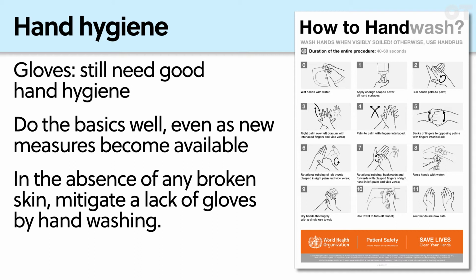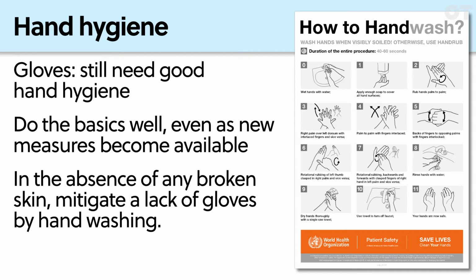It's also worth bearing in mind that gloves don't remove the need for good hand hygiene. Just because you've got gloves on doesn't mean that you don't have to wash your hands. In fact, in the process of taking off the gloves, there is a risk of contaminating your hands, so it's important that we make certain that we maintain those processes.